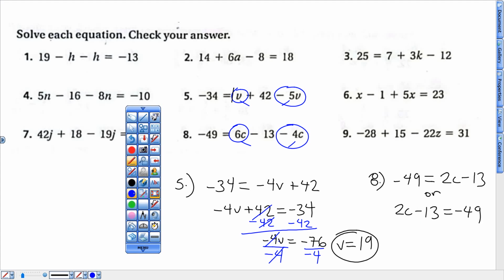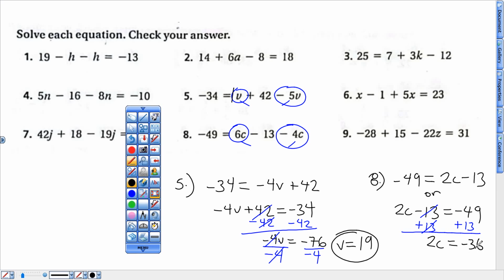I'm going to plus 13. And this one, you've got to be careful because you have negative 49 with positive 13. So if I find the difference and keep the sign of the bigger number, that gives me negative 36, not positive, negative.